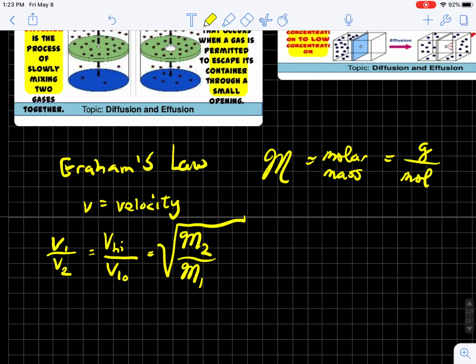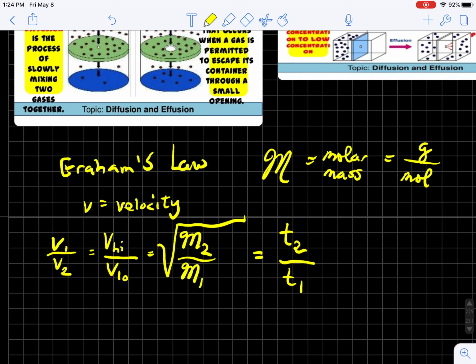Now, how long will it take the particle to scatter and fill the container? Well, the heavier particles take longer. So if we do T for time, we could also say that the time for the diffusion is going to be T2 over T1. In other words, velocity and mass are inversely related. If you have a low velocity, you're looking at high mass.